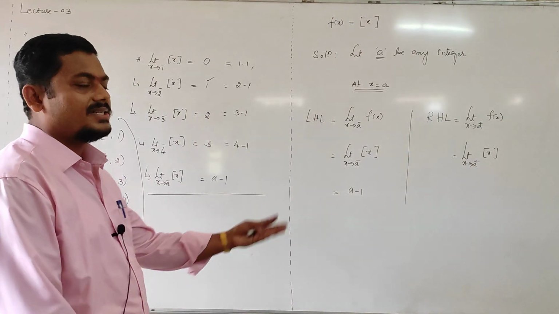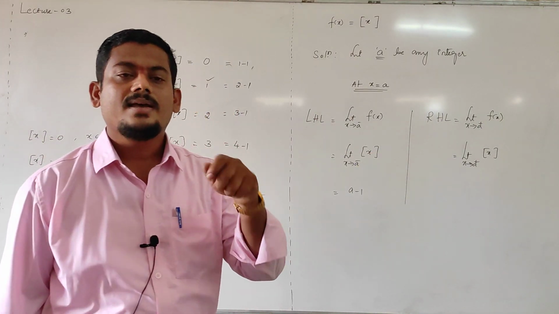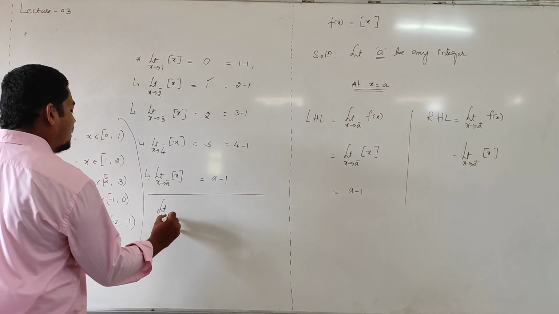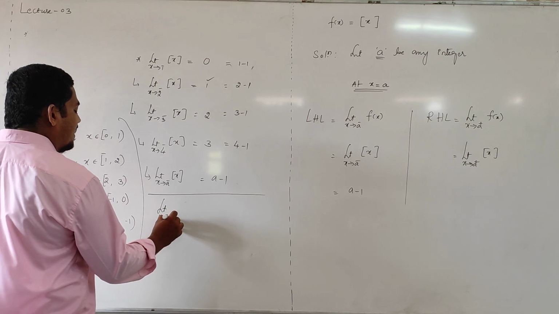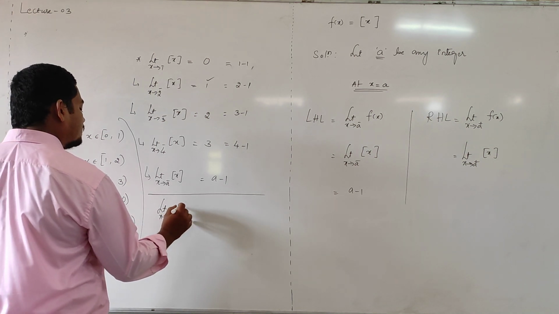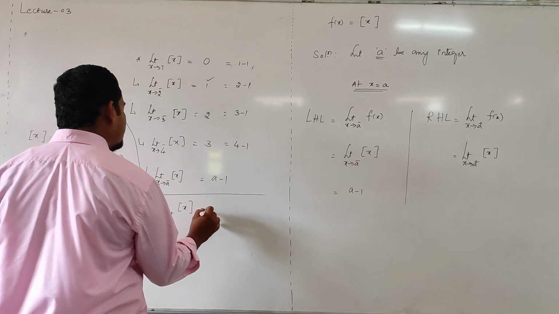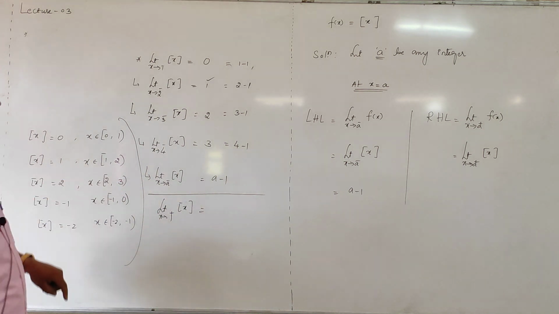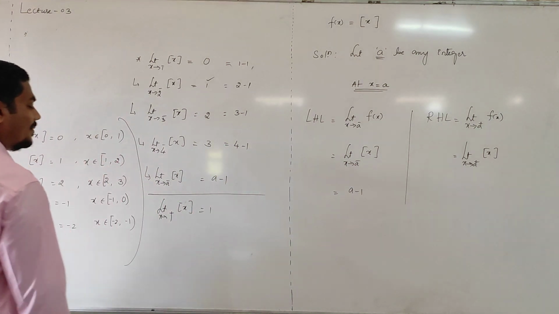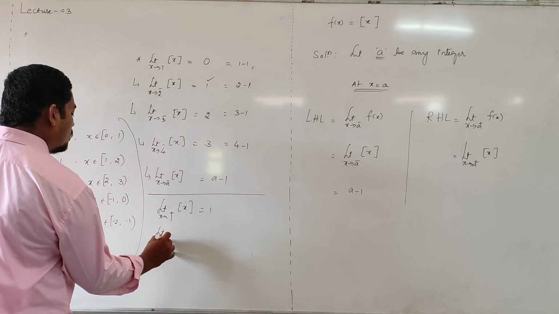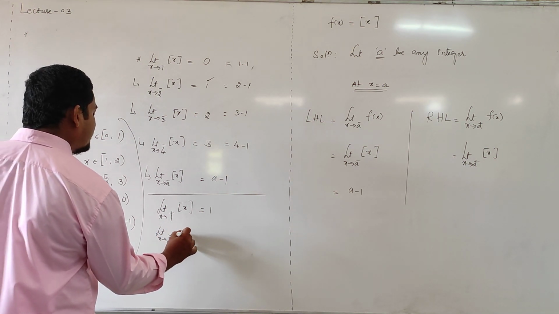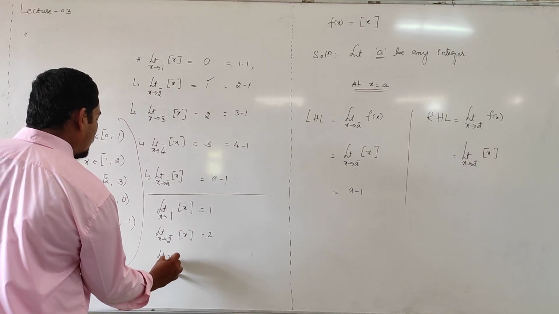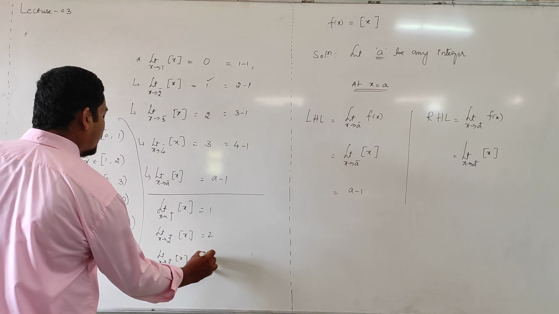Suppose I take 1 plus: 1 plus means more than 1. When x is more than 1, what is step x? 1 only. Limit x tending to 2 plus of step x equals 2 only. Limit x tending to 3 plus of step x is 3 only.